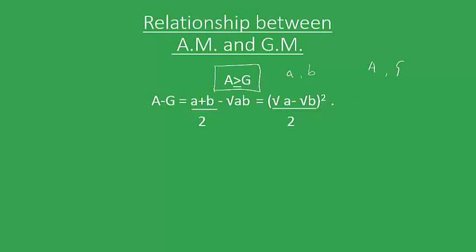Since the square of a number is always greater than or equal to 0, we have that A minus G is always greater than or equal to 0, which gives us the required relation.